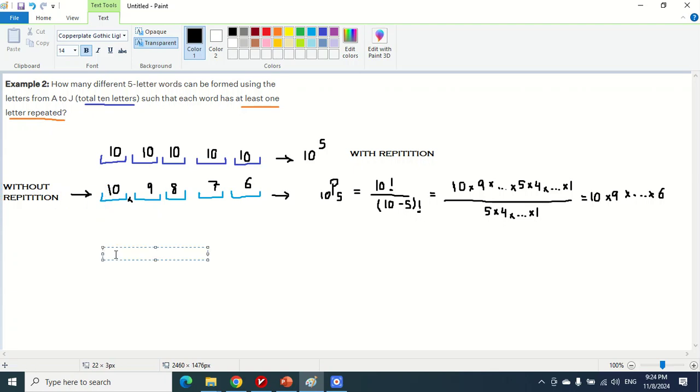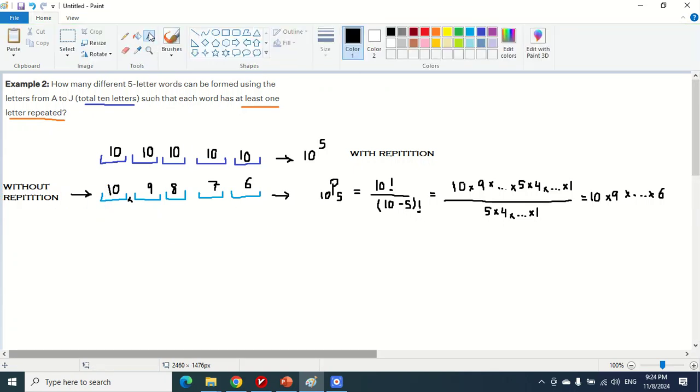So the question is, what is the subtraction of this from 1? It means that if I subtract from all cases, 10 to the power of 5, the repetition cases, that is, if I subtract this permutation of 10 objects in 5 places, what is the result?